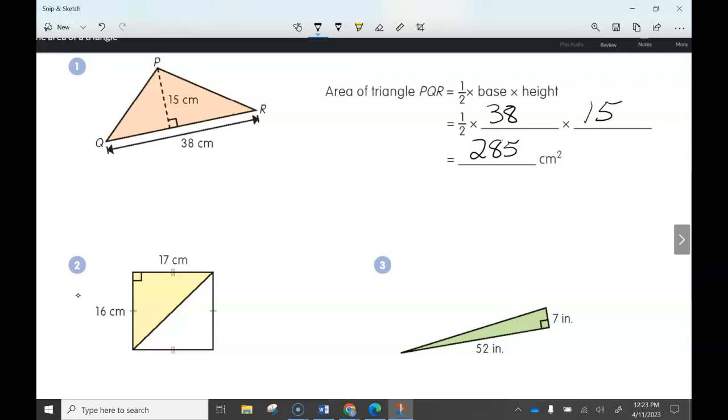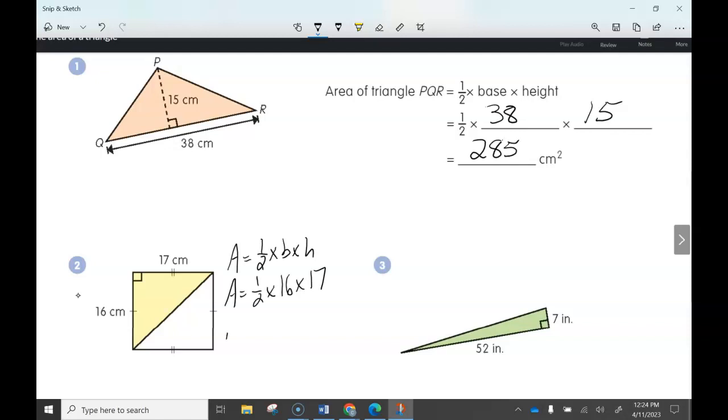Now let's take a look at number 2. So again, we can have 1/2 times base times the height. So we're going to write it out. Area equals 1/2 times the base times the height. We'll rewrite it again. Area equals 1/2 times 16 times 17.